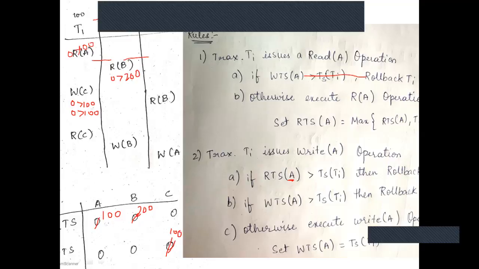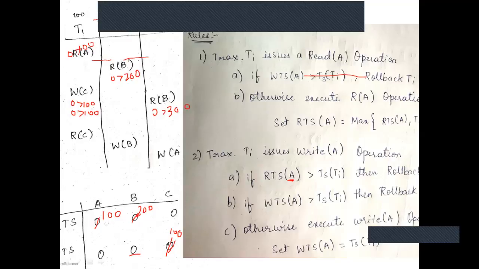Okay. Now next we'll come to read of B. Whenever we say read, the conflict is with write, right? So what is WTS of B here? It is 0. Okay, so is 0 greater than 300? No, the condition is false.